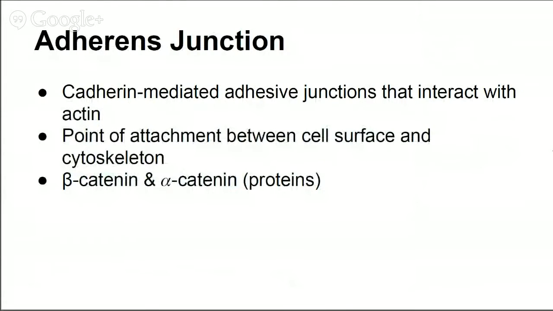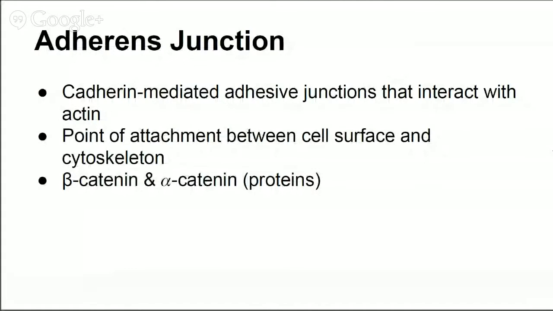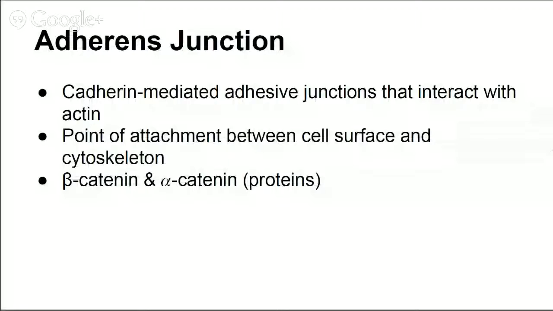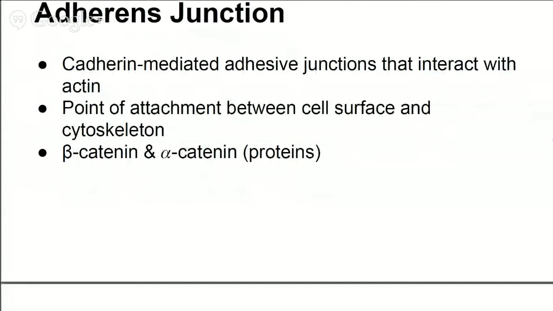An adherens junction is a cadherin mediated adhesive junction that interacts with actin, and it's the point of attachment between the cell surface and the cytoskeleton, and they use the beta-catenin and alpha-catenin proteins to interact with the actin, and we'll see in the figure below.